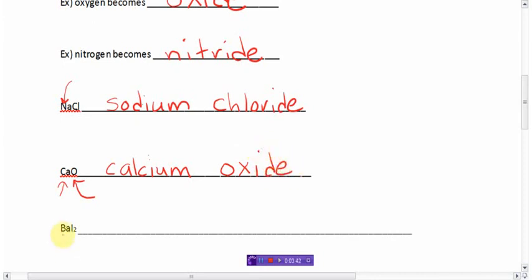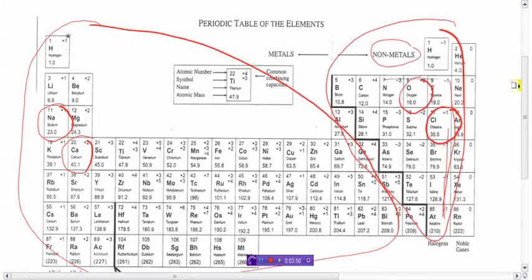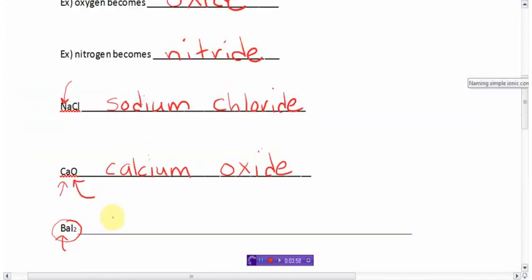Do one more example. BaI2. First element is Ba. Where's Ba? Over here, an alkaline earth metal. Ba is barium. Second element is I. Now you notice it has a little 2 here.